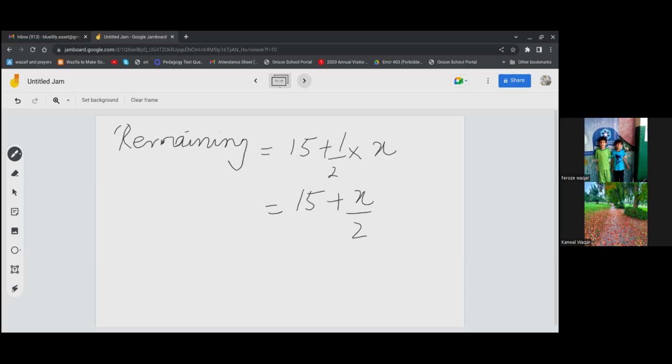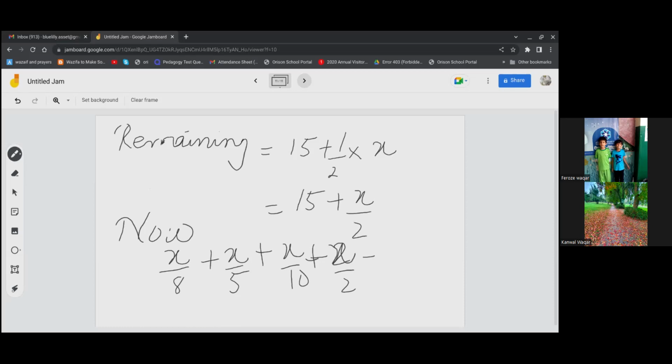Now, according to the condition, all the amounts will be added: x over 8 plus x over 5 plus x over 10 plus x over 2 plus 15, and the last one is x.